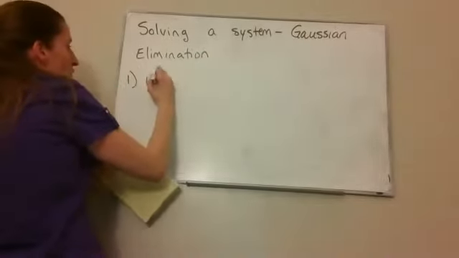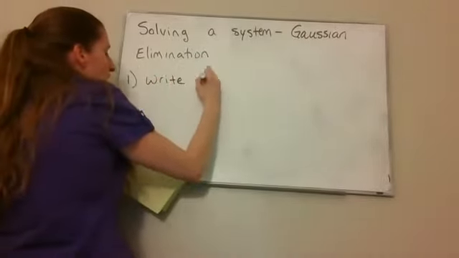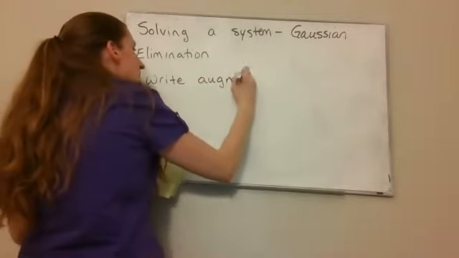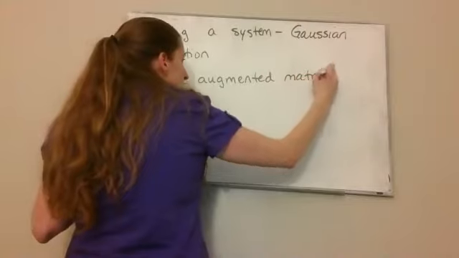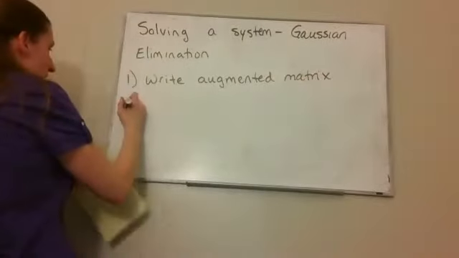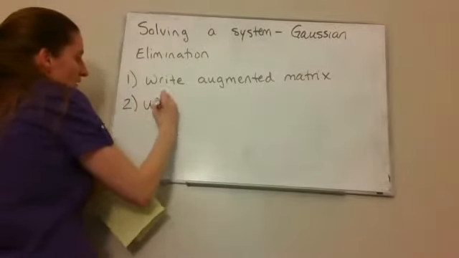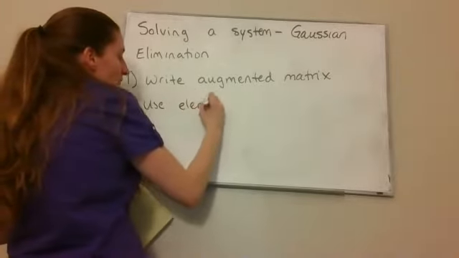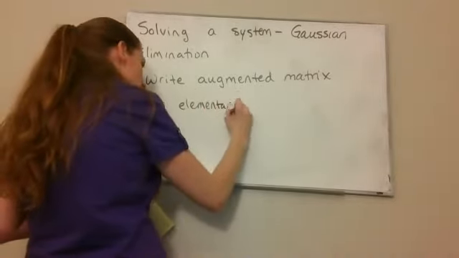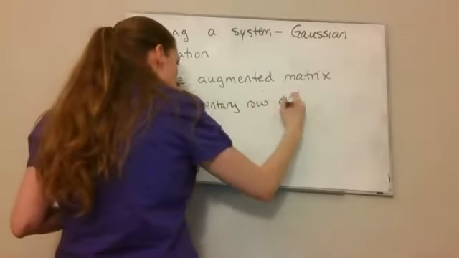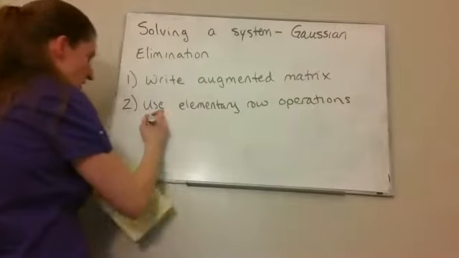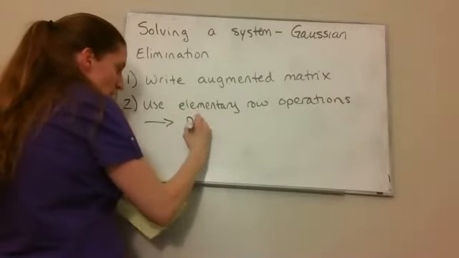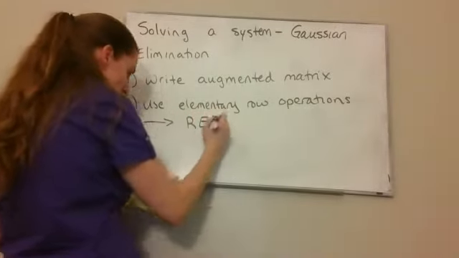First, write your augmented matrix for the system. Then, use your elementary row operations to turn the matrix into row echelon form.